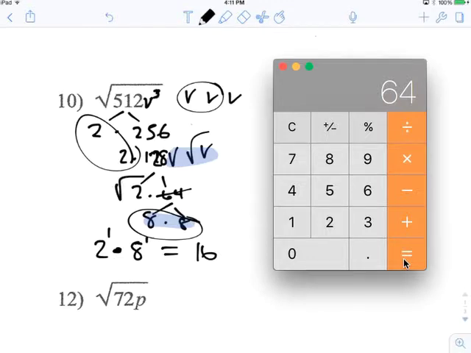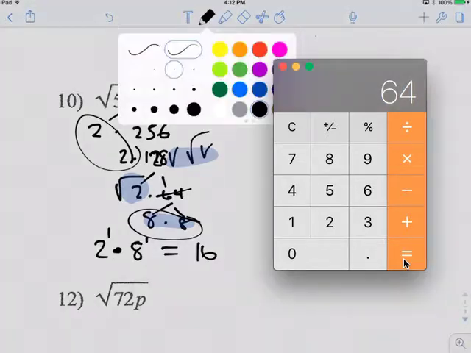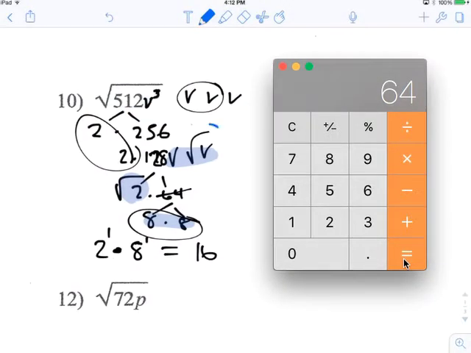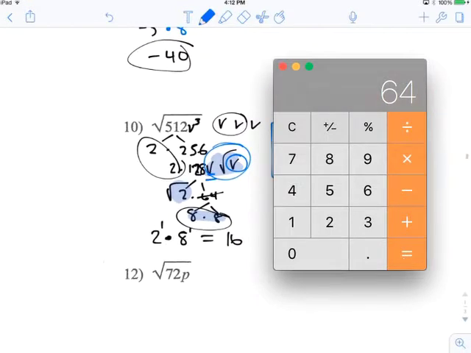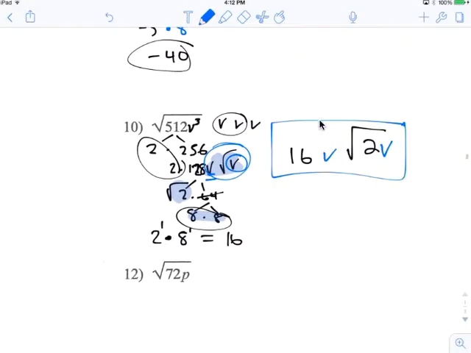Here's the radical 2 that we haven't used, so don't forget that. 16 radical 2. Put the radical together, and put that on the outside like that. That's your final answer. Okay, y'all know the calculator doesn't help you, huh?